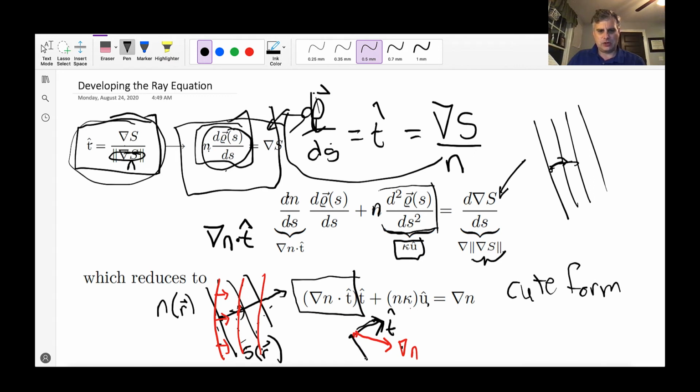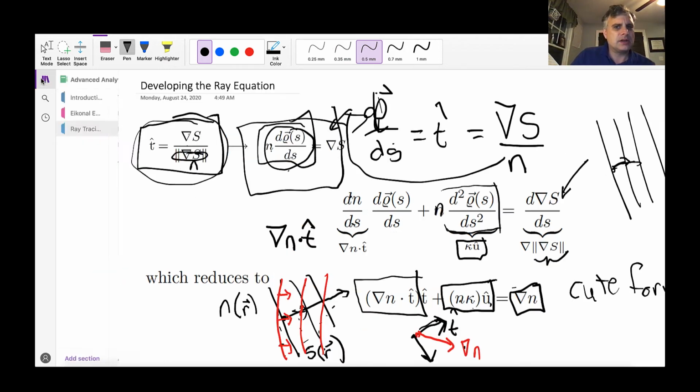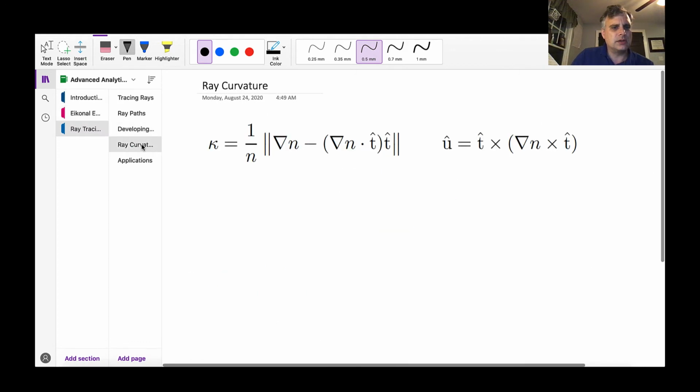The remainder of that gradient of index of refraction vector, whatever term remains, has a magnitude nκ and a direction u hat. So this is what I'm left with. This is what allows me to calculate these things.